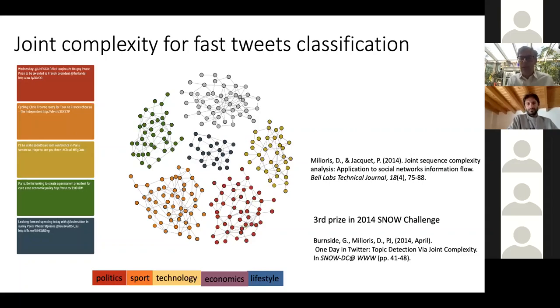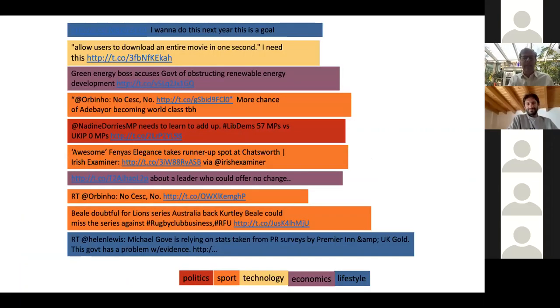And we got the third prize. And in fact, they told us we could have gained the first prize because they didn't know that we were using such a simple algorithm. And in fact, it is relatively efficient.